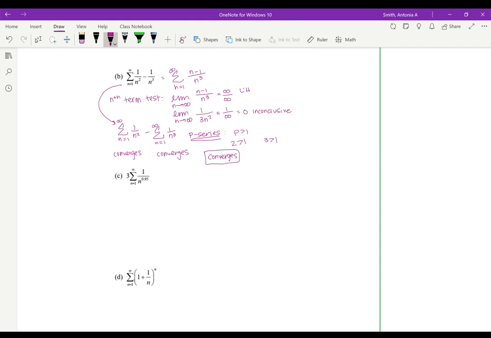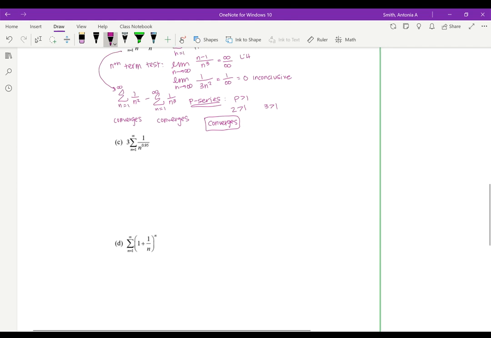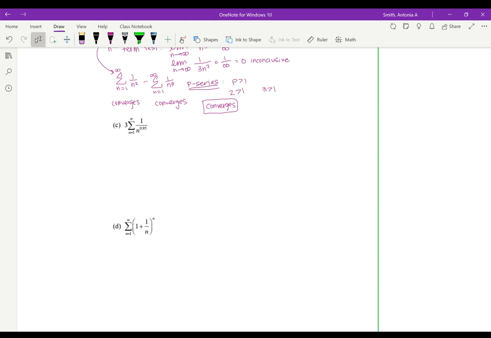Okay, let's look at part C. Part C, we have 3 times the sum of n equals 1 to infinity of 1 over n to the 0.95. Super easy p-series test here. We don't have to rewrite anything. P-series. Okay.